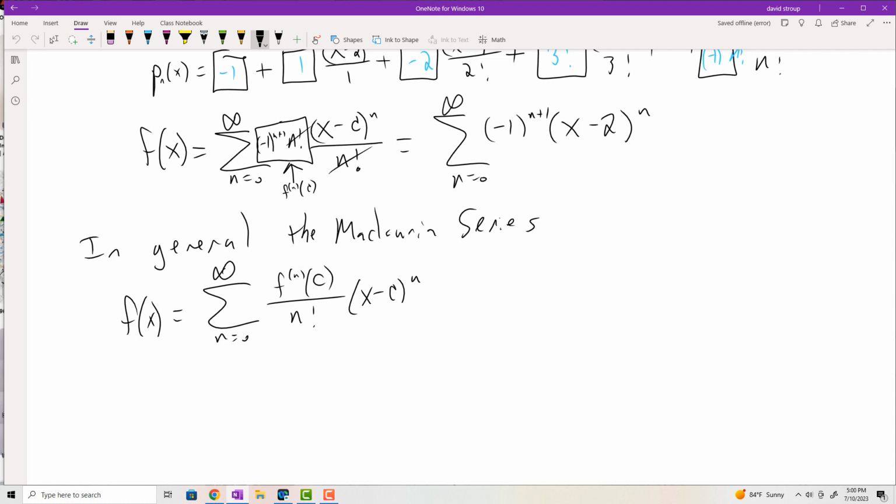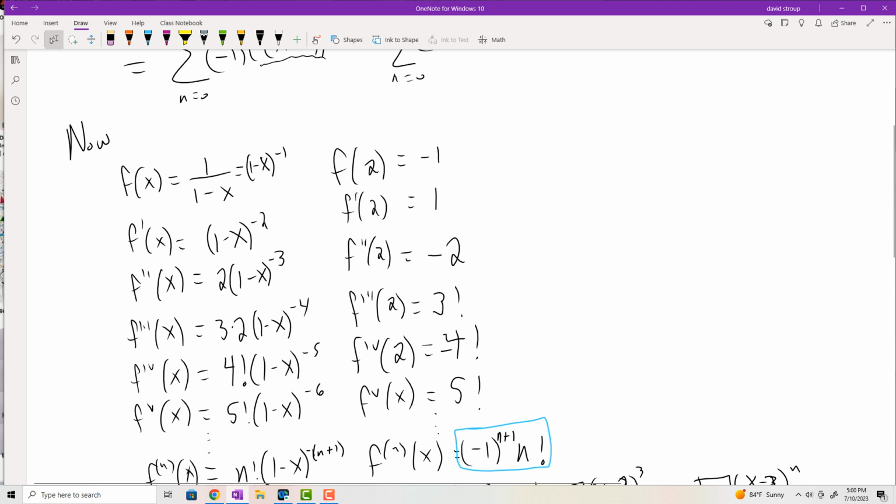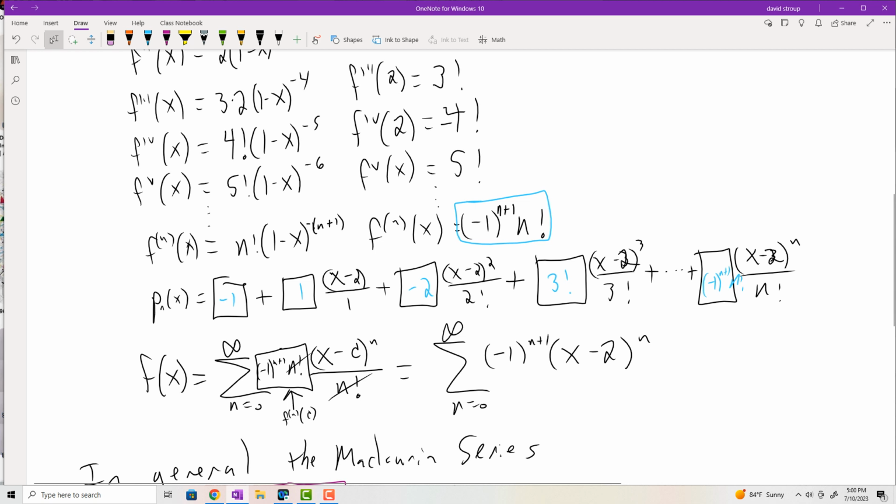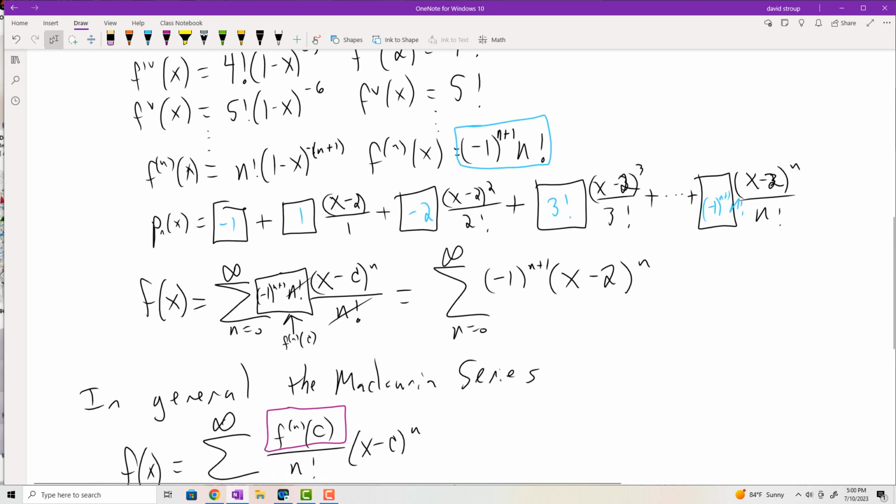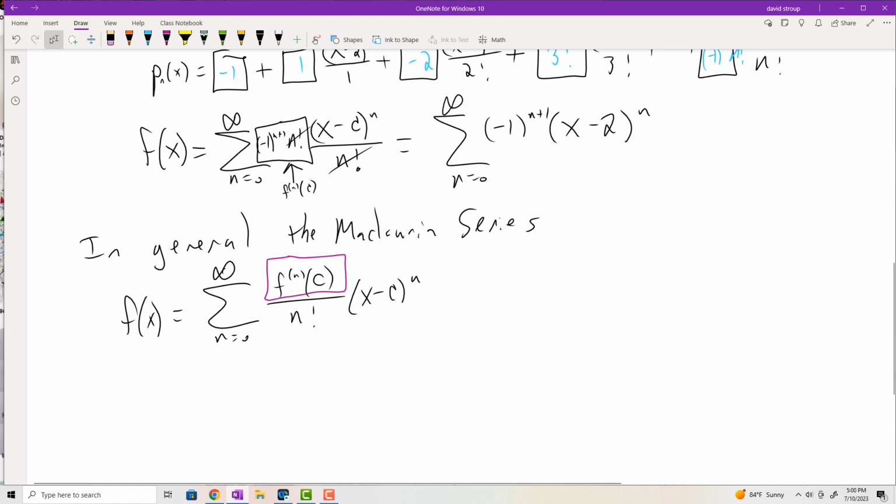But the thing that you're figuring out is this part, the nth derivative at c, and you're always going to have to do this process where you're doing the derivative and then evaluating the function. You're going to be doing a bit of pattern identification, inputting into the template, so to speak, and then simplifying, hopefully. But there it is.